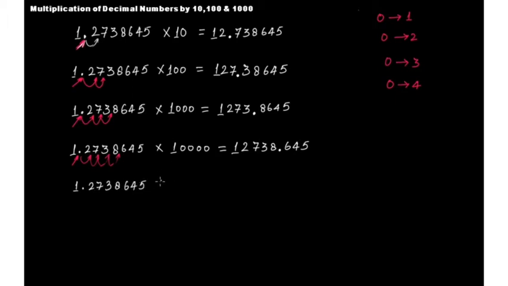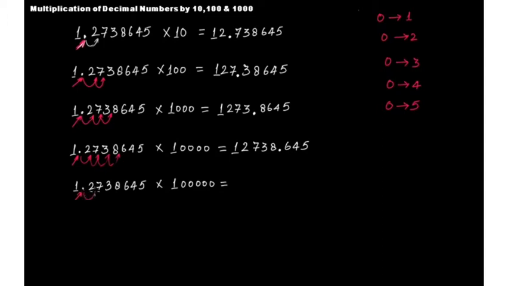Same number, 1.2738645, with 1, 2, 3, 4 and 5 zeros. It means you're multiplying with 1 lakh. We have 5 zeros. It means that your decimal point is here and it will move towards the right 5 times, that is, it will be placed after the 5th digit to the right of this decimal point.